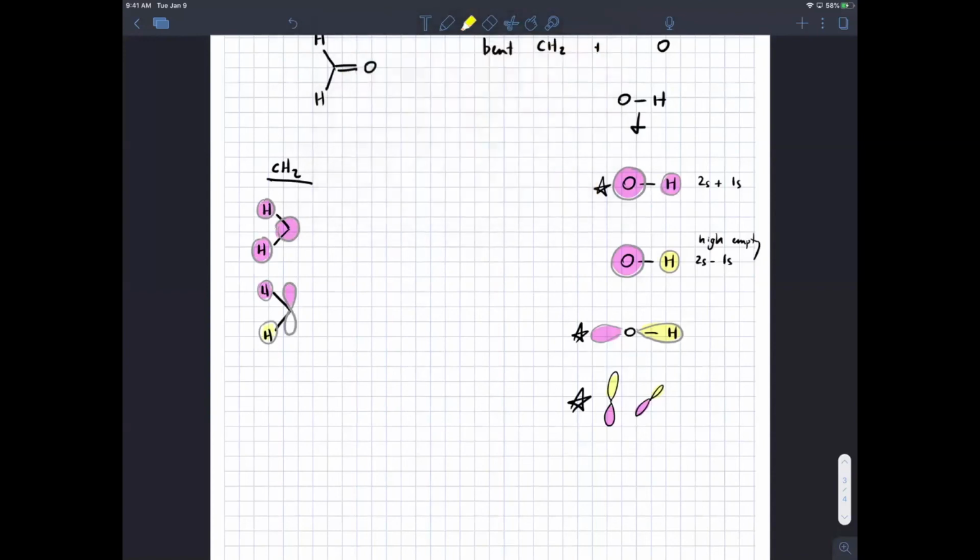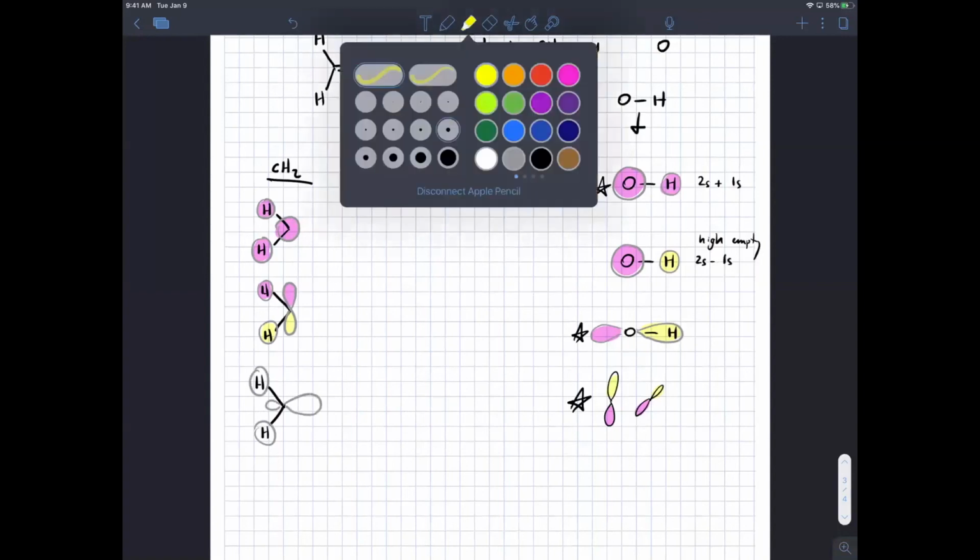And then you've got the sigma out kind of option. And then lastly, you would have the leftover p orbital. Sorry.